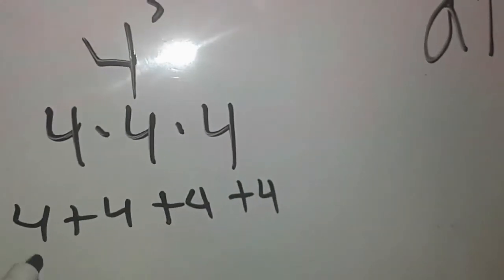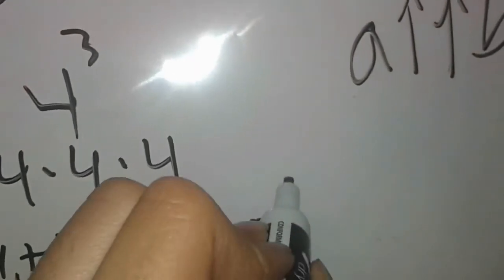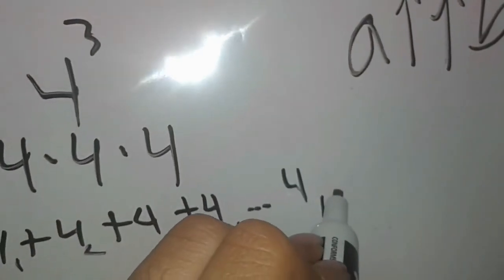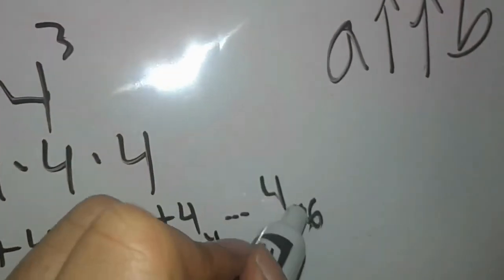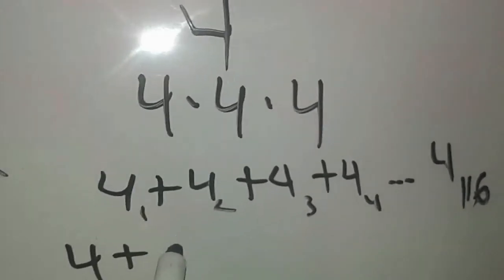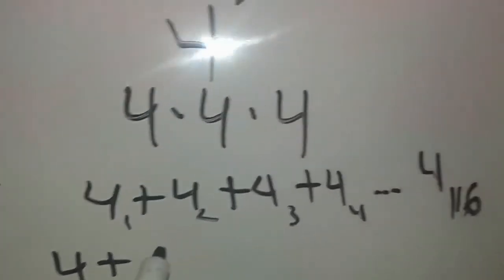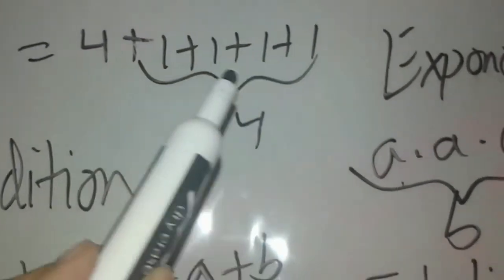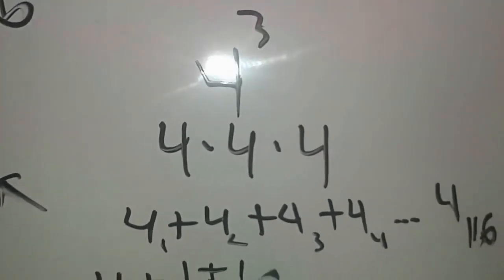Let's do the first 4, second 4, third 4, all the way to 4 to the 16, or 4 sub 16. And then we have 4 plus 1. Hold on. So this is the same as this one right here: 4 plus 1 plus 1 plus 1.